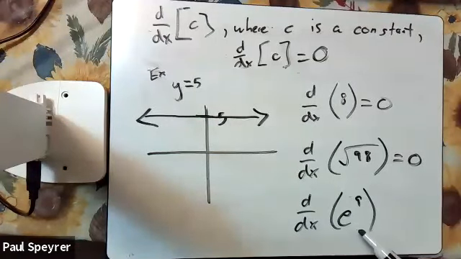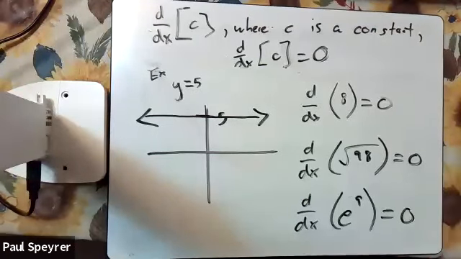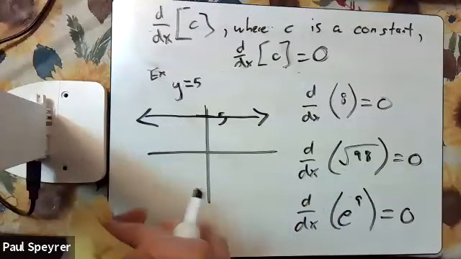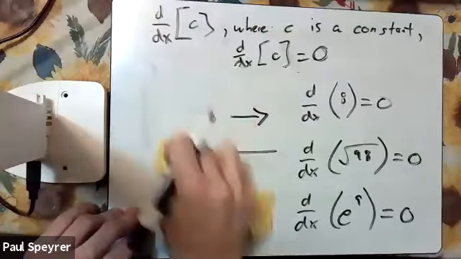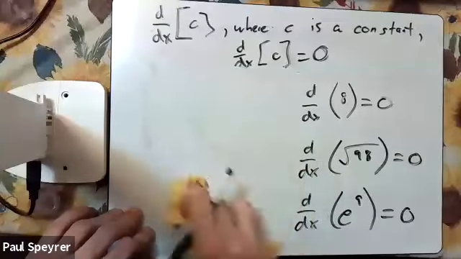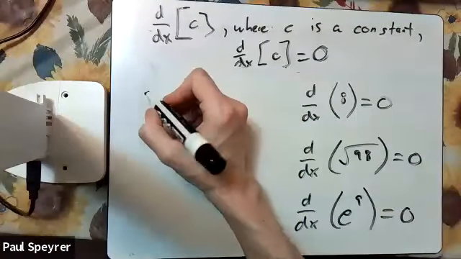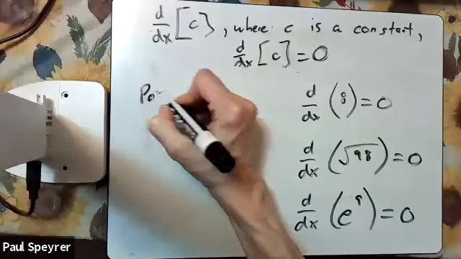It's approximately equal to 2.71. That's still a constant, so the derivative is zero. So these are super easy. There's nothing to do. You just have to remember, oh yeah, it's zero. Now, what about the most important rule for these derivatives, something called the power rule.